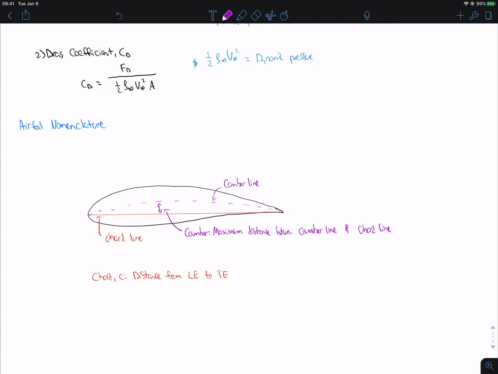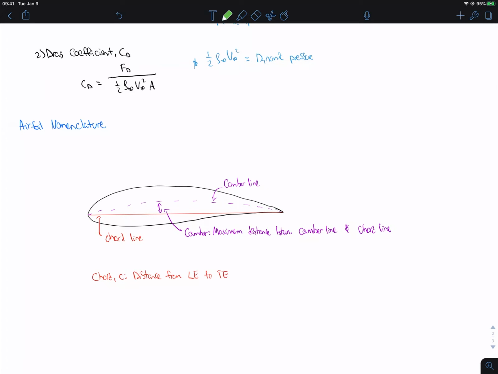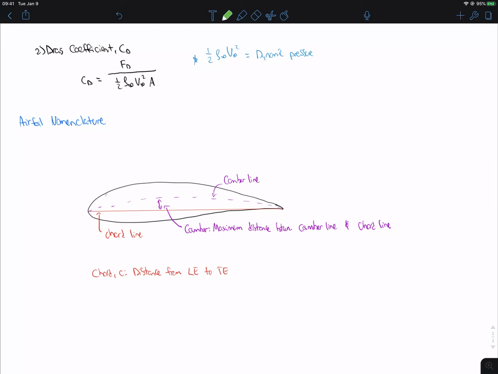Okay. And then the last thing we have to talk about is the thickness. That should be pretty self-explanatory here. That's just going to be the distance from the upper and lower surface measured perpendicular to the chord line. So that's one thickness right there, and here's another thickness right there.